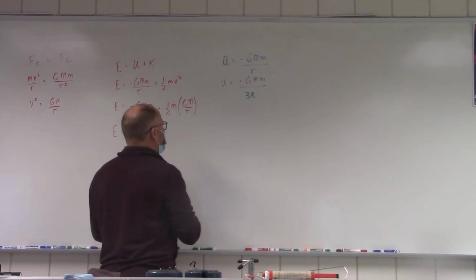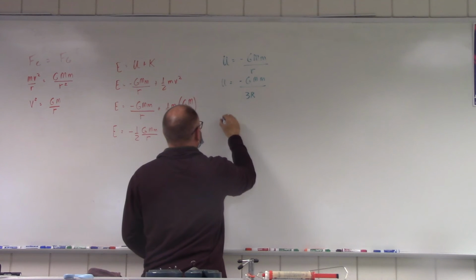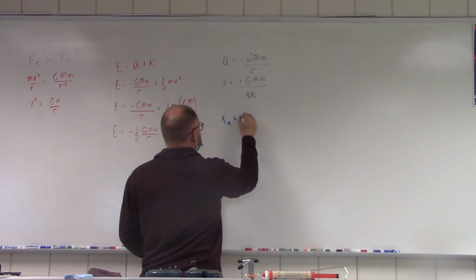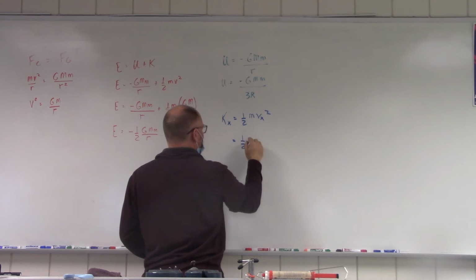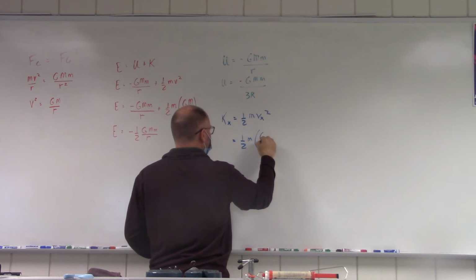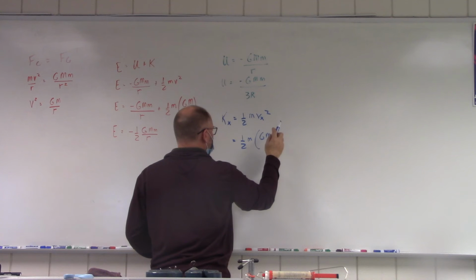How do we express the kinetic energy of this guy? So Kx is equal to 1/2 m vx squared, which is 1/2 little m.